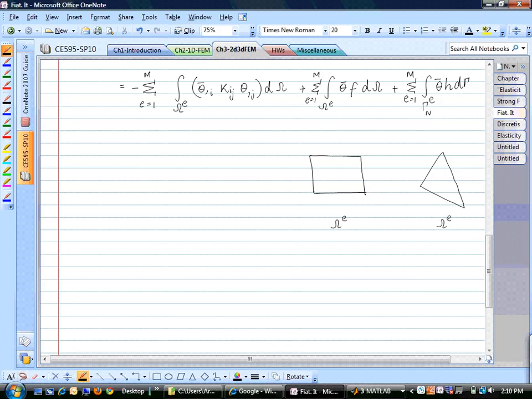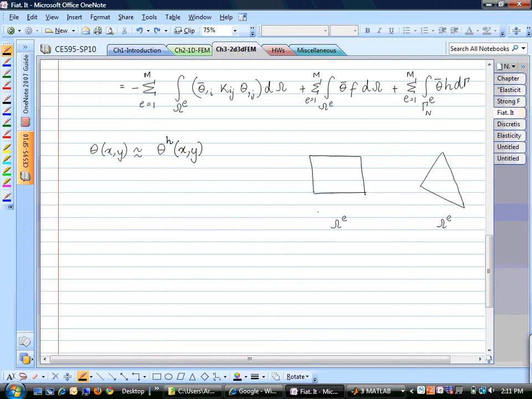So what we are going to do is say that our theta, which is a function of x and y, is going to be approximated with some finite element shape functions. So this would be approximated by the finite element solution, which I'm going to denote with theta h, which means discretized. And again, this is a scalar.